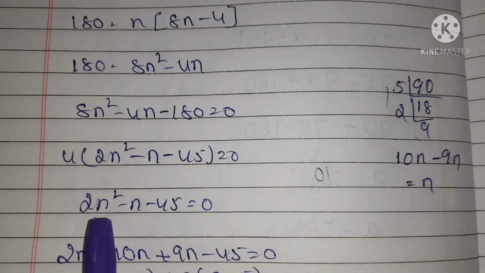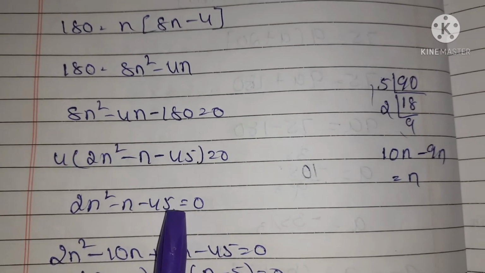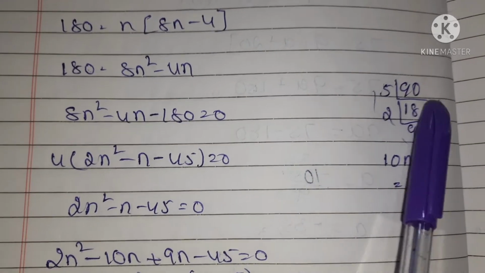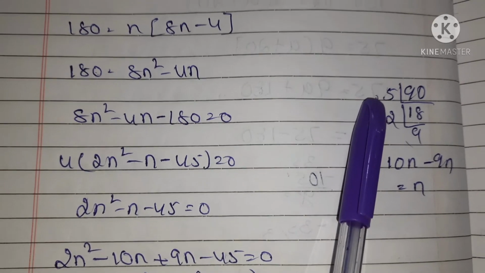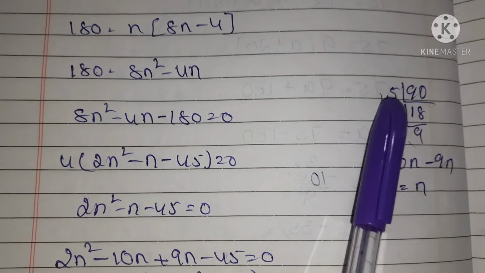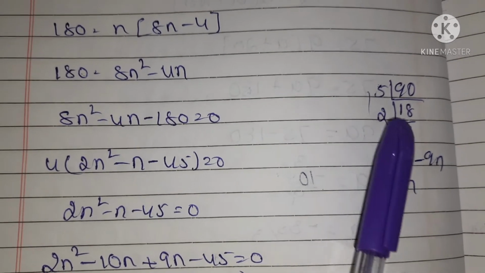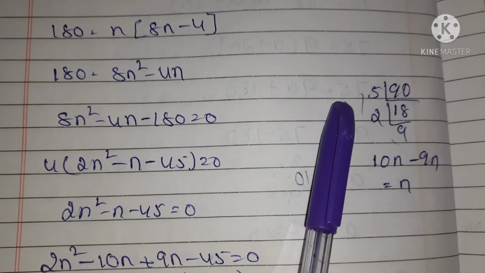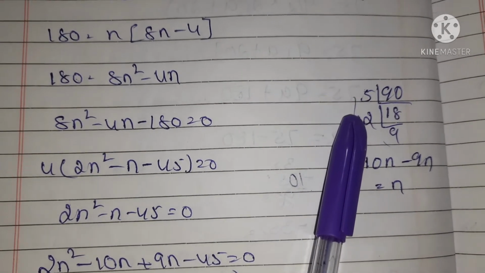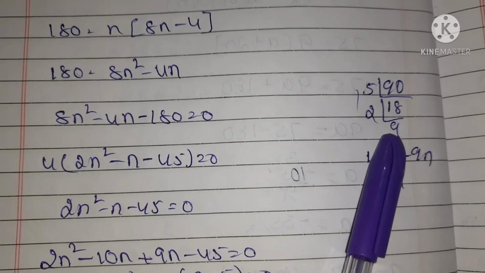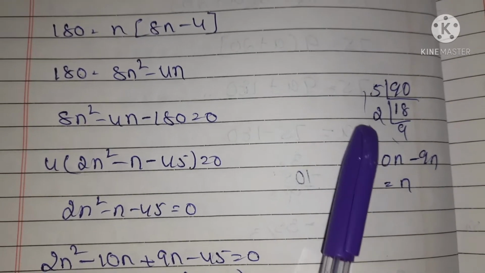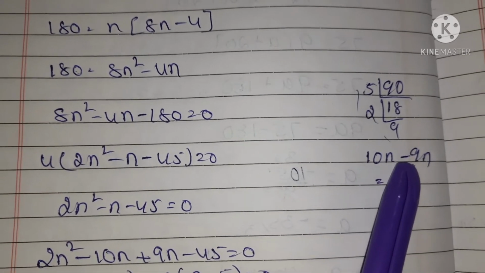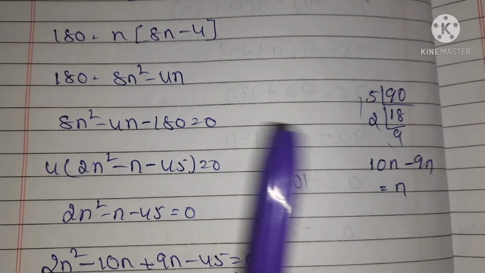Now here 2 into 45 is 90. Now write down the factors of 90. Here 2 18s are, 5 18s are 90. 2 9s are 18. Now 2 5s are 10, and 9. Here the last is a minus sign. That's why you subtract these two. 10 minus 9 is 1.